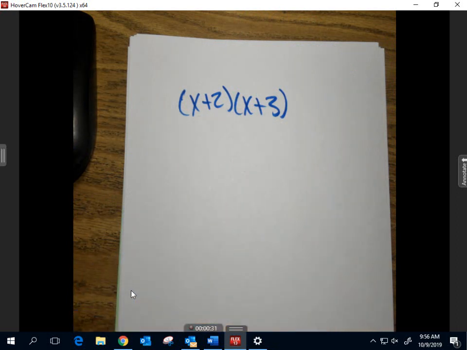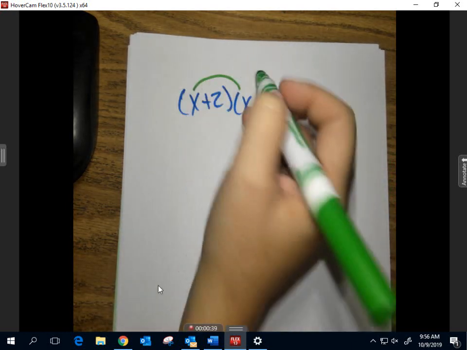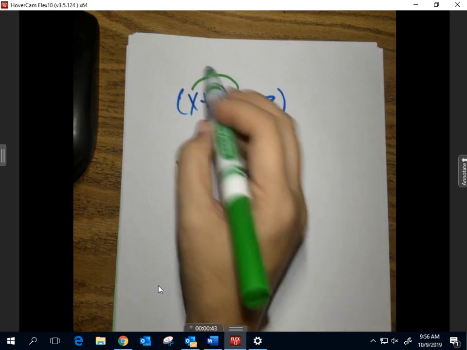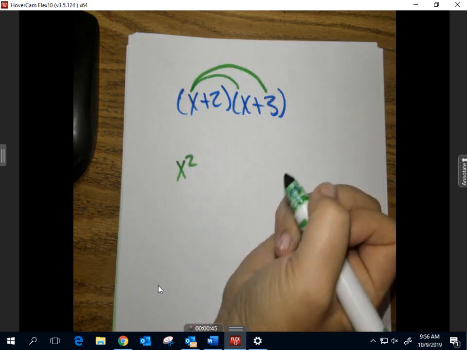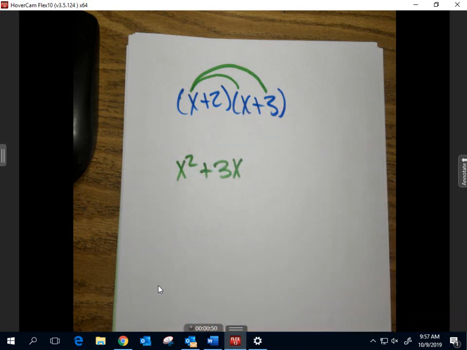I used that distributive property twice to multiply these together. So I'd multiply x times x, which is x squared, and then x times 3, so plus 3x since it's positive.